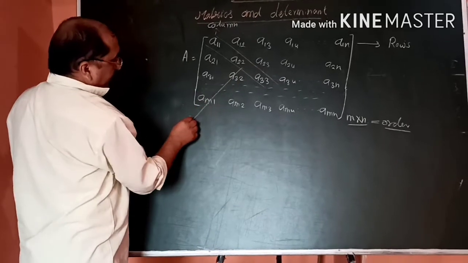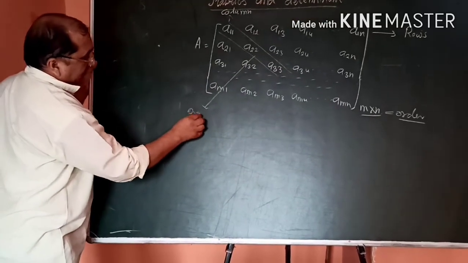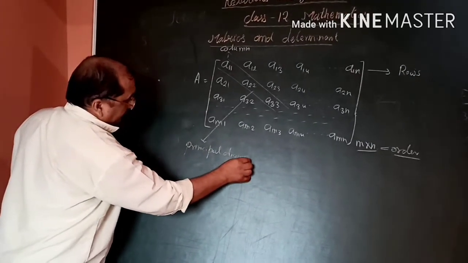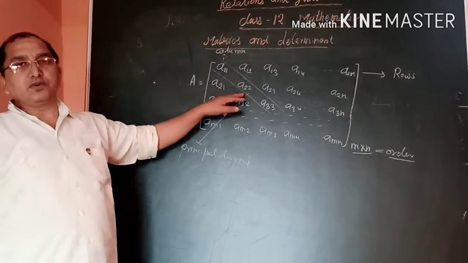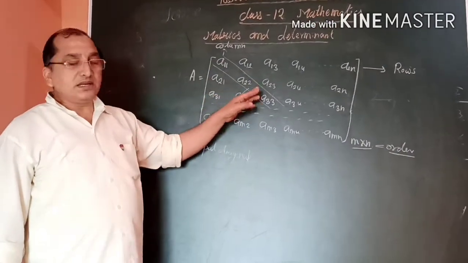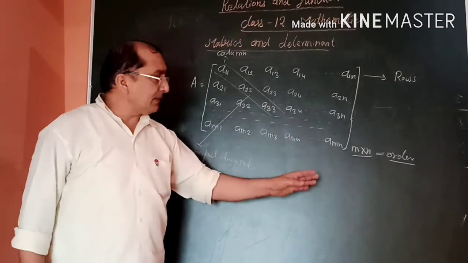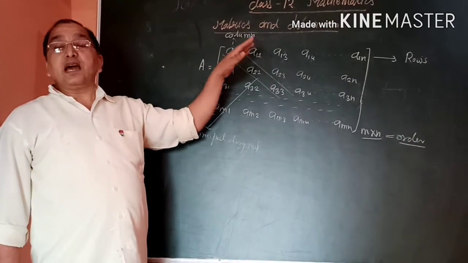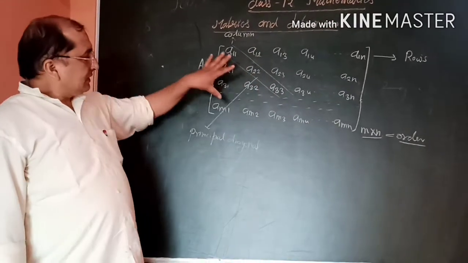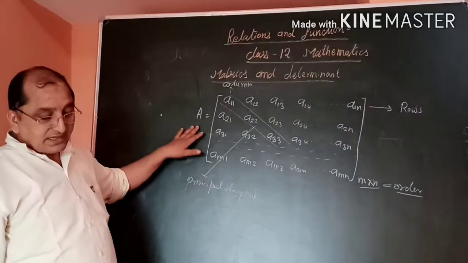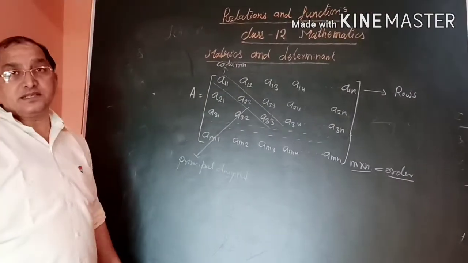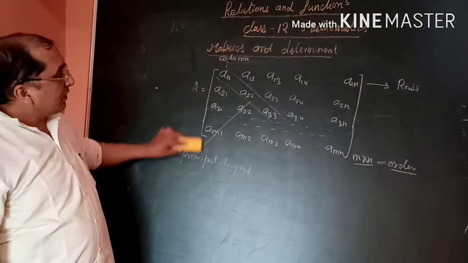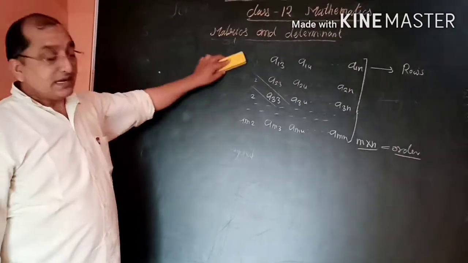All these elements A11, A12, A13 are known as the elements, and the whole of these is known as a matrix. A matrix is a simple arrangement of elements, numbers, goods, or anything which can be written row wise and column wise.